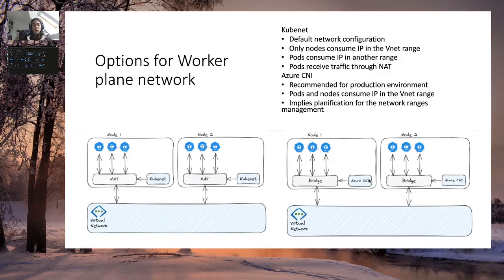The other option is Azure CNI, and Azure CNI is recommended for production environments because it onboards all the features of AKS. So, for instance, Windows node pools, virtual nodes, and stuff like that. And because we have a bridge instead of a NAT, we don't have this latency for traffic between pods and something else in Azure. The counterpart to that is that when we plan for an Azure CNI cluster, we need to plan the IP range accordingly because we'll consume IPs both for pods and for nodes.